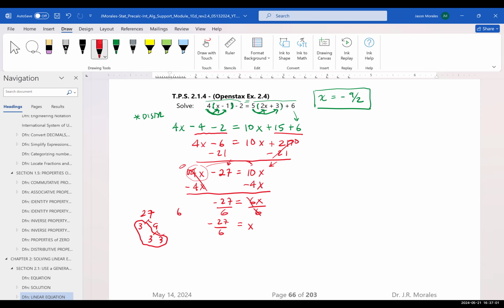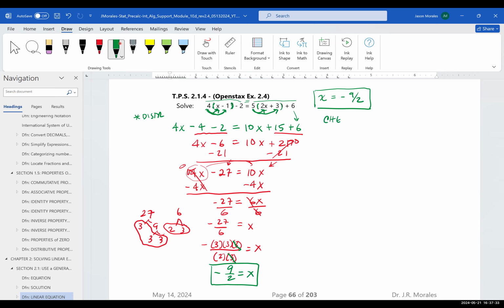And of course, 6 is 2 times 3. So we can write 27 as 3 times 3 times 3, and 6 as 2 times 3. And 3's cancel, leaving us with -9 over 2 for our solution for x.